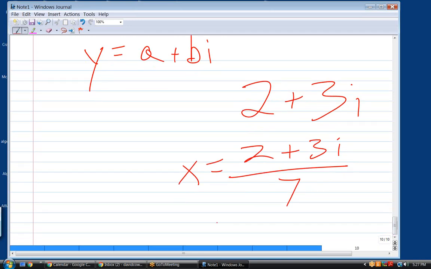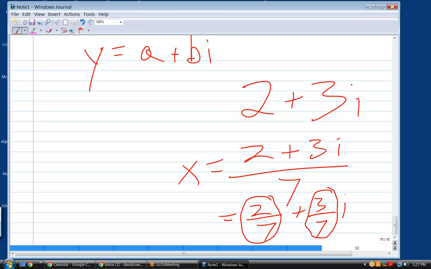If I wanted to put that in standard format, I'd have to break it up into two fractions. It's 2/7 plus 3/7 i. And this is a and this is b. a and b are always real, but a is the real part of the answer and b is the coefficient of the imaginary part.